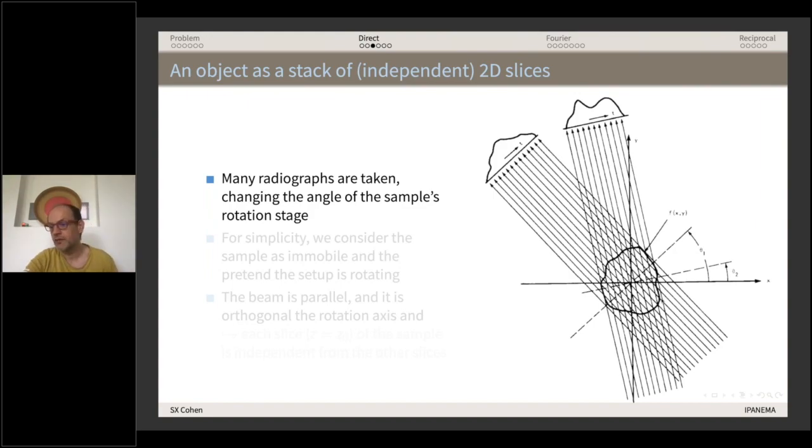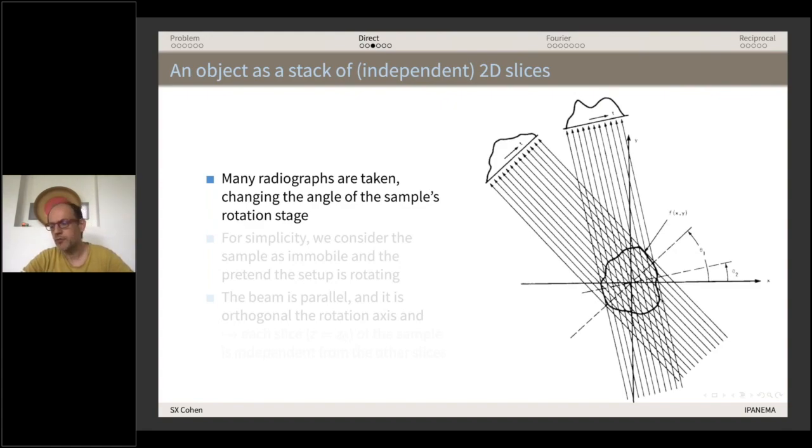What is going to move is the detector and the source. Within the big tunnel that you're in, you have a big ring with the source on one side and the detector on the other, and all this turns around the patient.